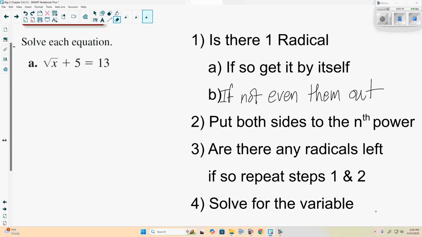But 2, put both sides to the nth power. 3, are there any radicals left? If there are any radicals still left in the equation, we're going to go back and repeat steps 1 and 2. We're essentially just going to go through it and do it again. But once the radicals are gone, we're going to solve.